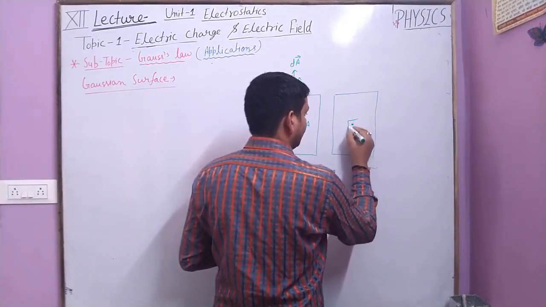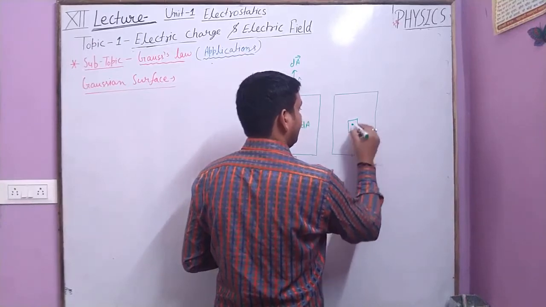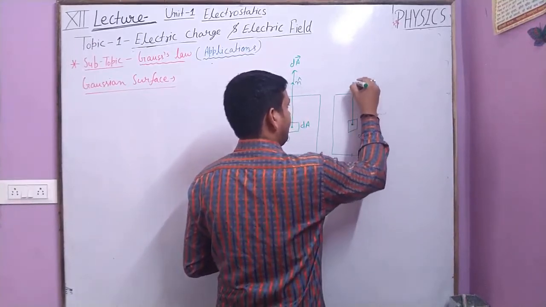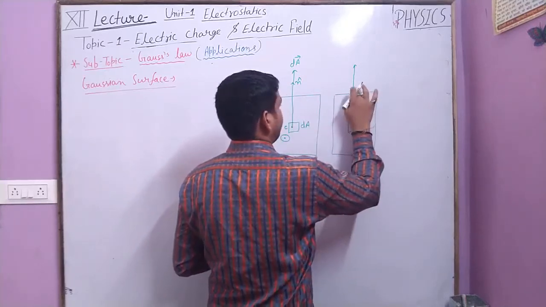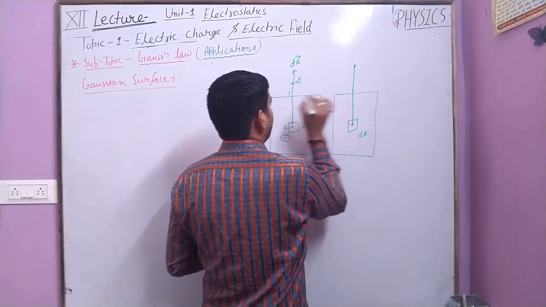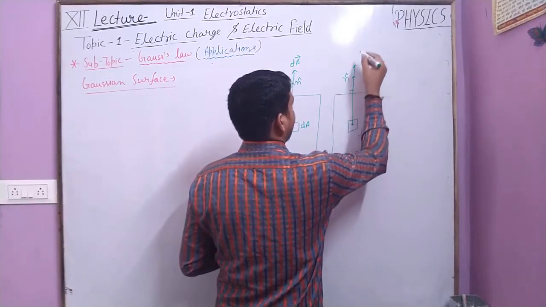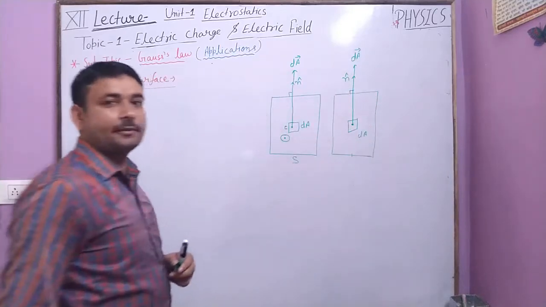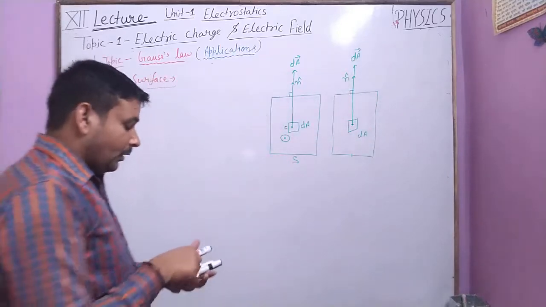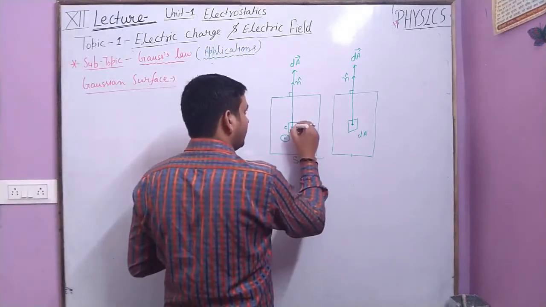Similarly, this is a small area dA and the area vector is moving normal to the surface, in the direction of n cap as dA. Clear?